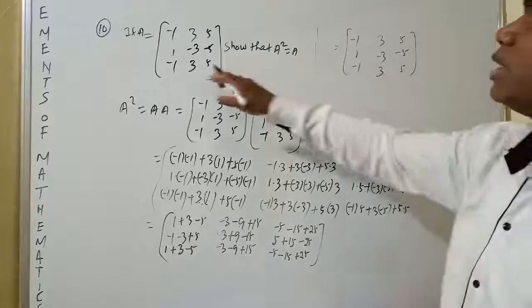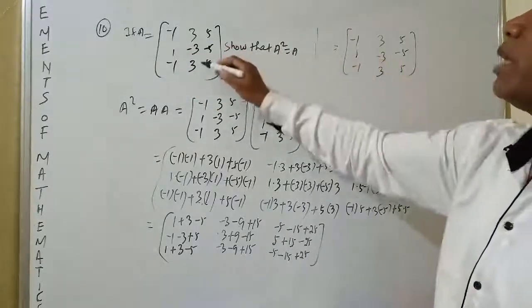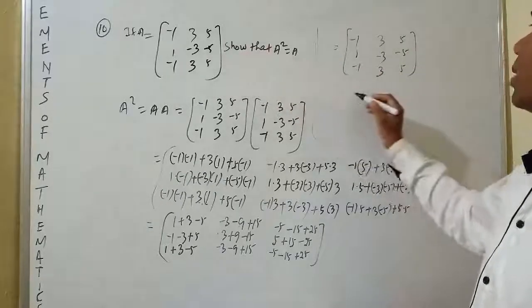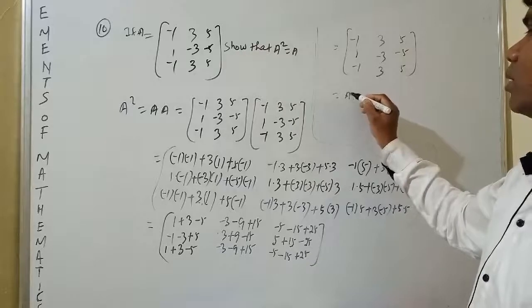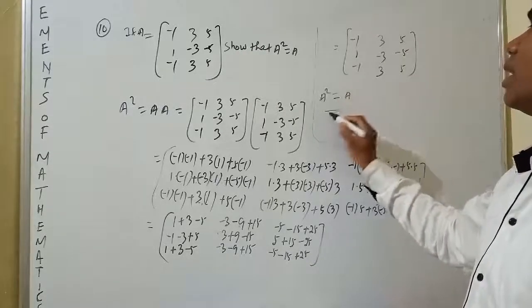You see, this is your A: 1 minus 1 1, minus 1 1 1 minus 1, 3 minus 3 3, 5 minus 5 5, is equal to A. That means A square is equal to A. It is proved.